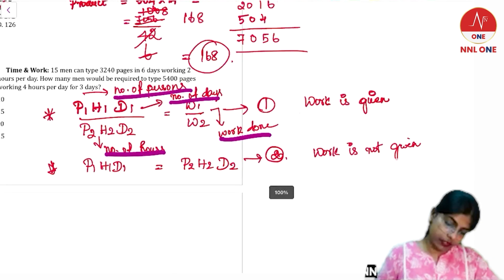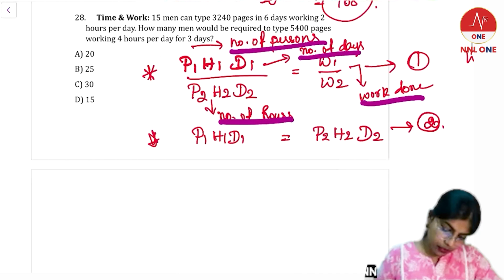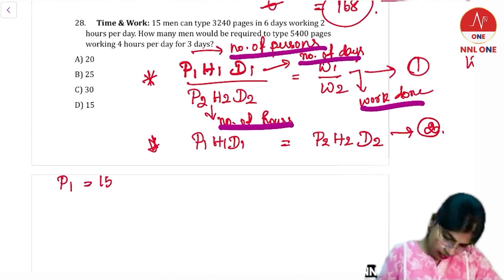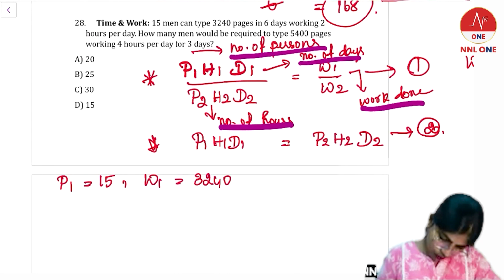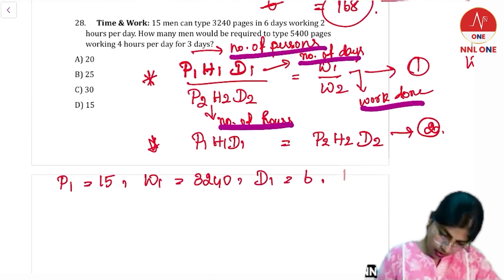Okay. Now we'll solve the problem. 15 men. How many persons? P1 is 15. Work is 3240 pages in 6 days. D1 is equal to 6. H1 is equal to 2.